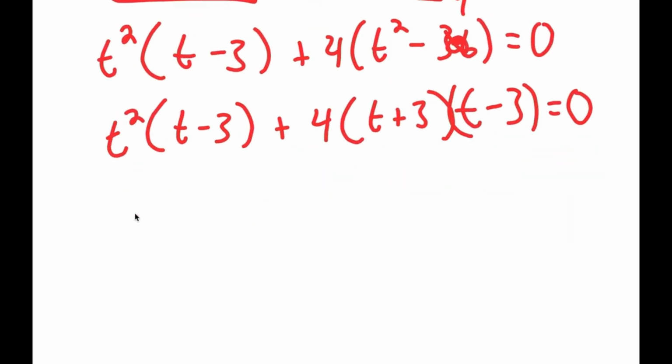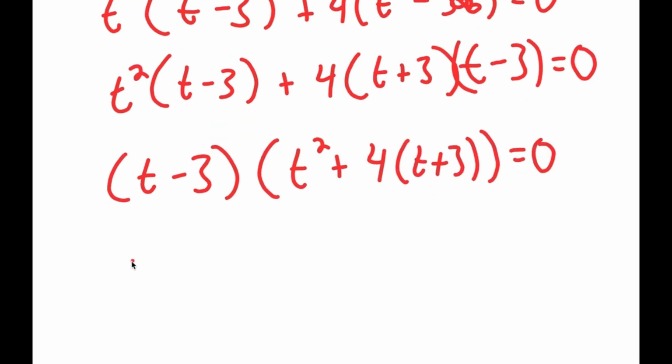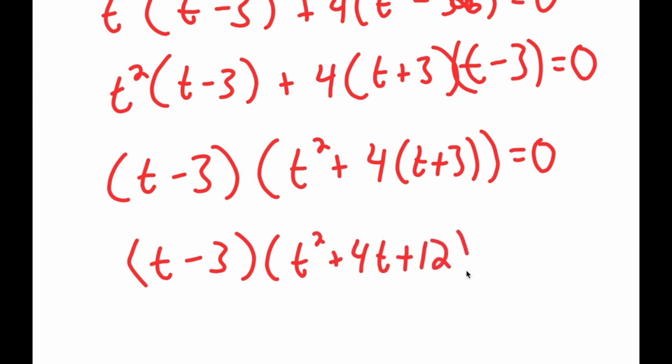Now, from this whole thing, I can factor out t minus 3. So I get t minus 3 times t squared plus 4 times t plus 3, which is equal to t minus 3 times t squared plus 4t plus 12.